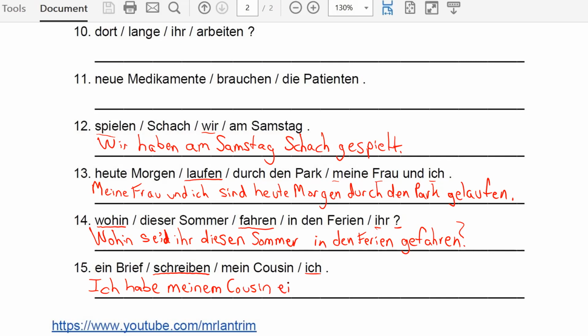And then the accusative form for a letter, einen Brief, as our direct object. And the past participle of schreiben is geschrieben. So, ich habe meinem Cousin einen Brief geschrieben. I sent my cousin a letter, or I wrote my cousin a letter.